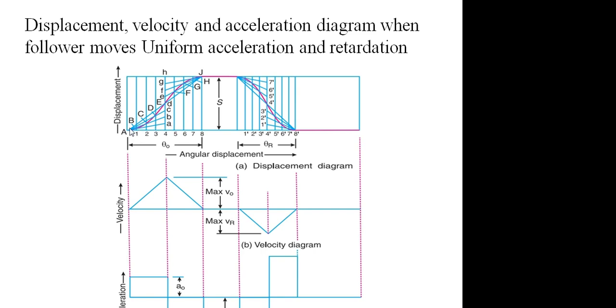Now the line capital A small a is intersecting the first vertical line at point 1.